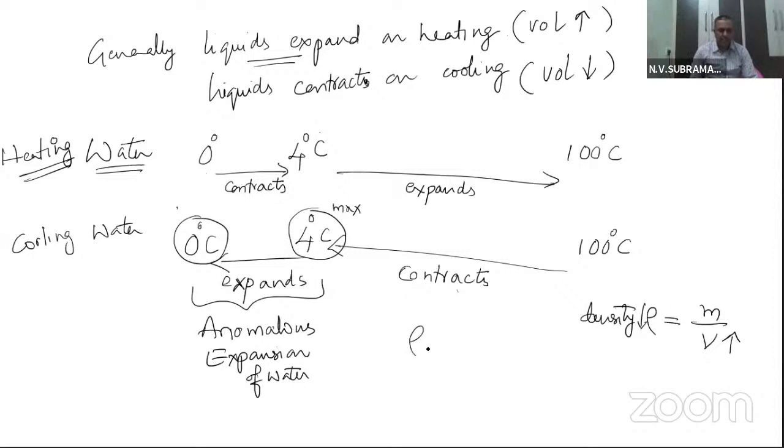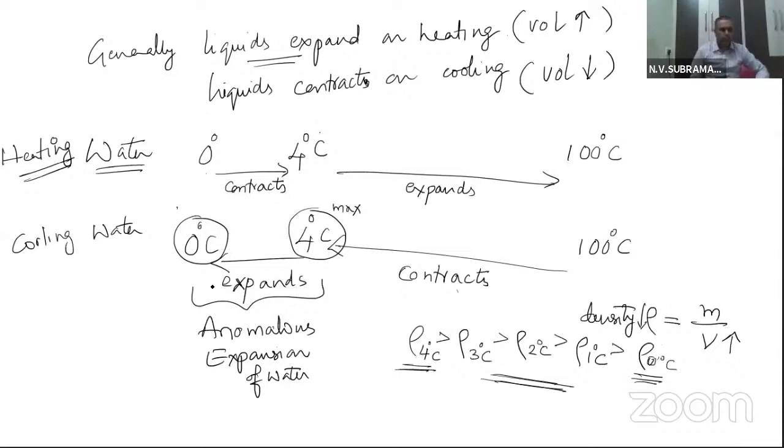That means density of water at 4 degrees centigrade is more than density of water at 3 degrees centigrade, is more than density of water at 2 degrees centigrade, is more than density of water at 1 degree centigrade, more than water at 0 degrees centigrade. Okay, all of you, 0 degrees centigrade water also can have. So this means that this is having maximum density, this is having minimum density.